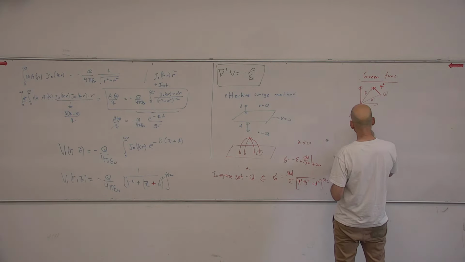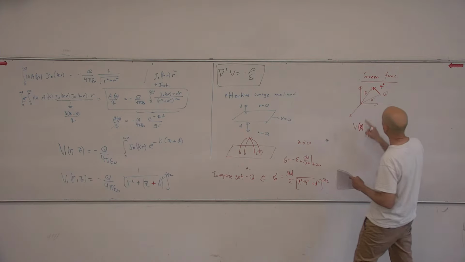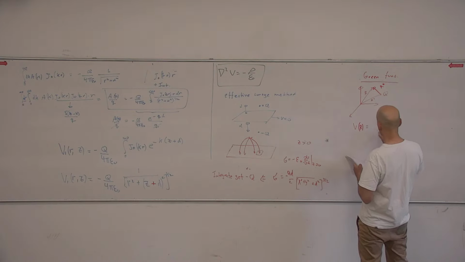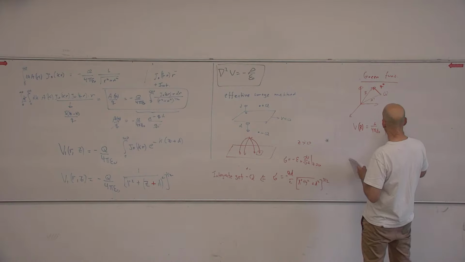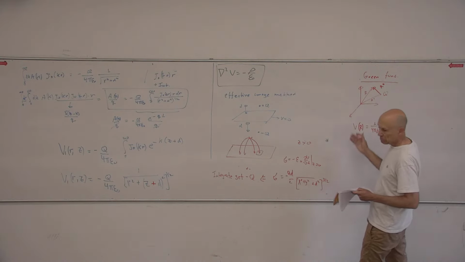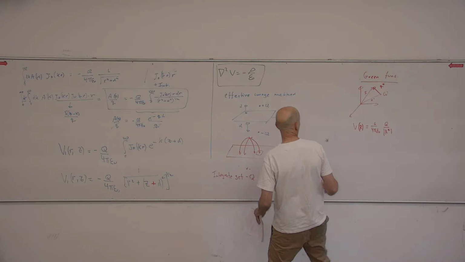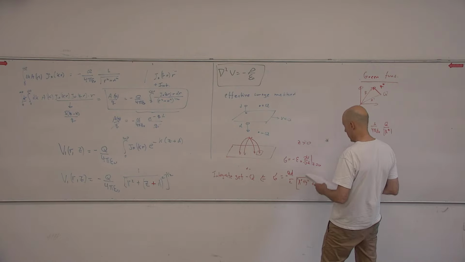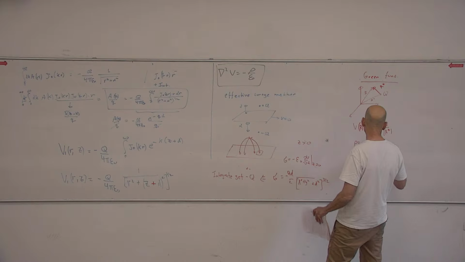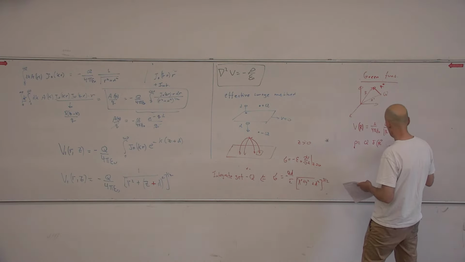At point r, this is V(x, y, z), at some point. This is very simple. It's simply 4 pi epsilon q over r star, where r star is the distance between the source and the observer. We also know that rho is simply a delta function on r prime.